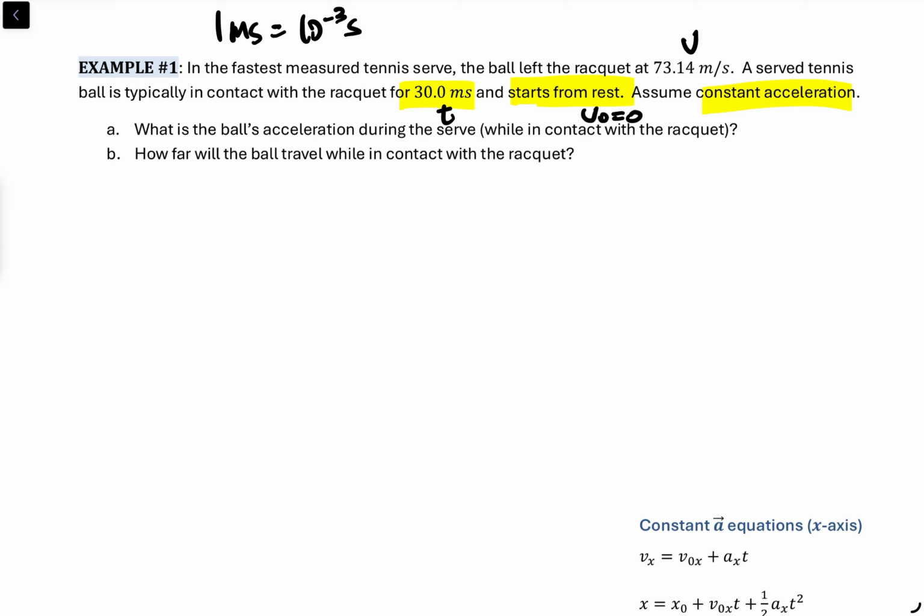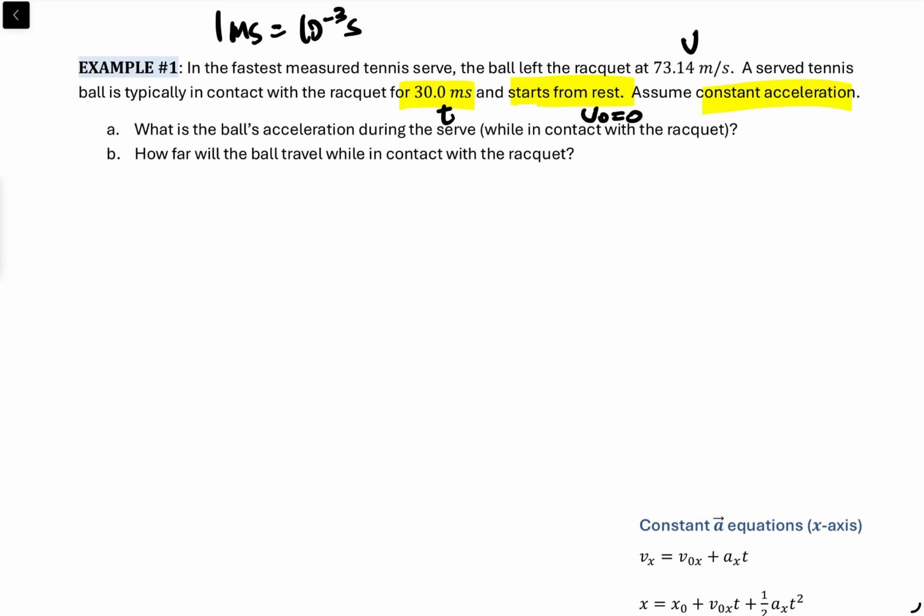Sometimes one of the most difficult parts about this course, especially as we get later into the semester and we mix up all different kinds of problems, is identifying what type of problem it is, right? Is it a constant acceleration or is it an energy problem? Early on, we don't have as many types to choose from, but still we want to think about that.